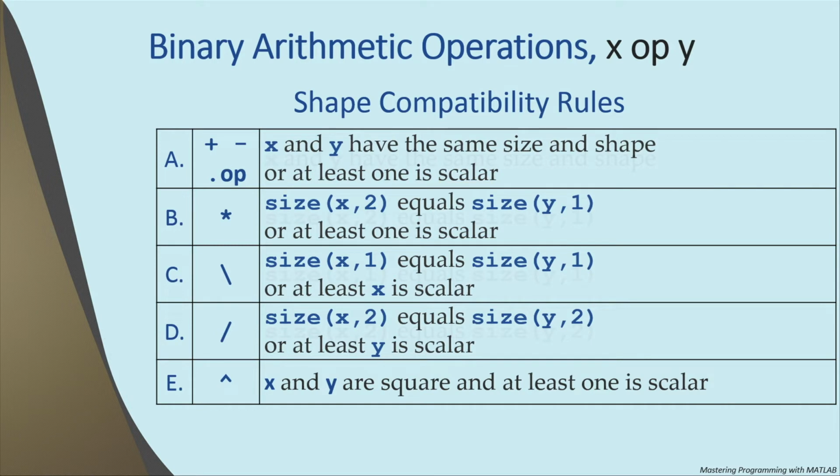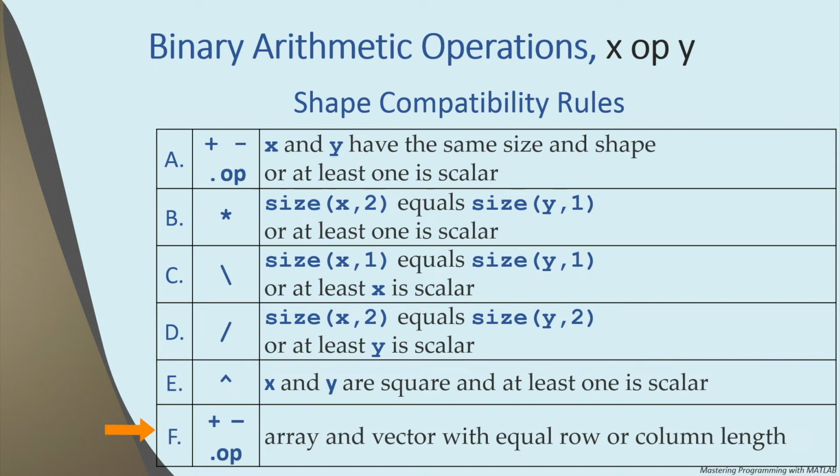These 5 rules have been part of MATLAB for decades, but in September of 2016, when version 2016b appeared, MATLAB added a 6th one that was welcomed by lots of people, including me. It's Rule F here, which says that you can now add vectors to arrays or subtract vectors from arrays, or perform any array operation for that matter.